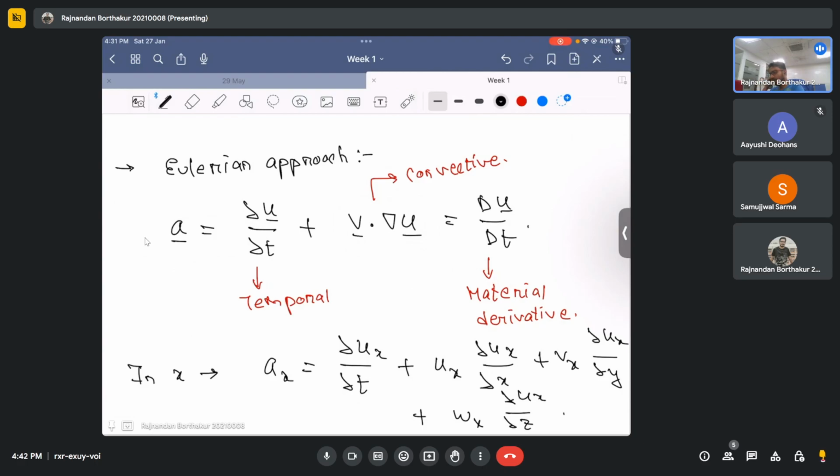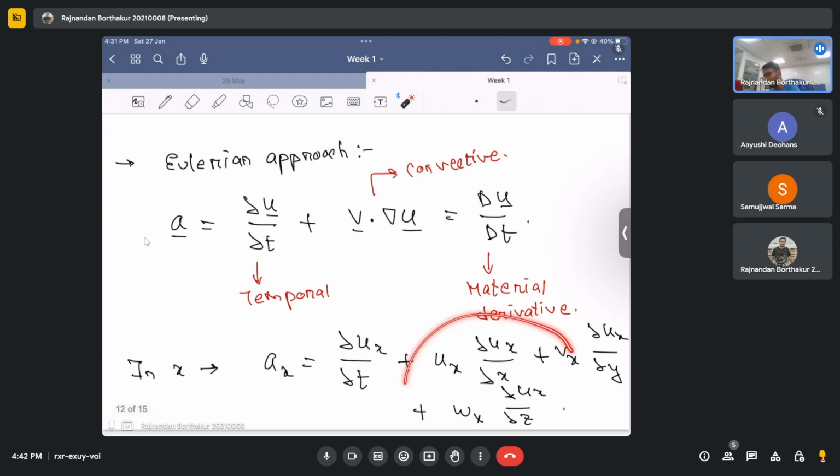If we expand the material derivative, it looks like that. I hope this is clear. How do we get these three terms out of this term? This is rather simple. Just expand this in the Cartesian system.